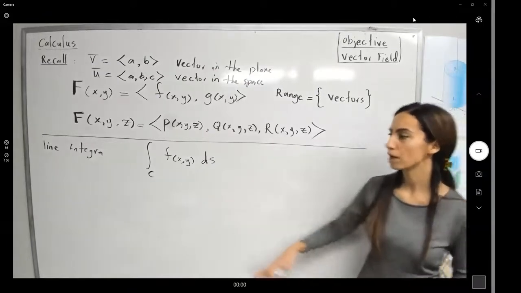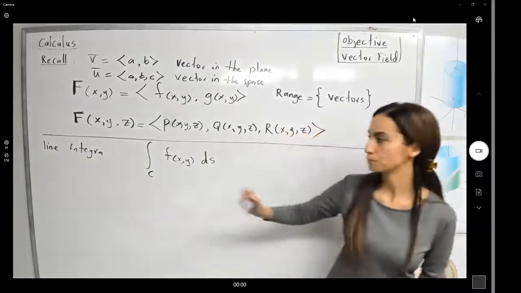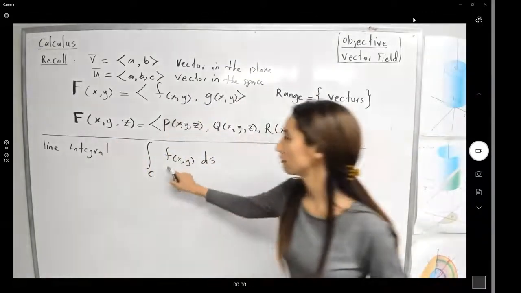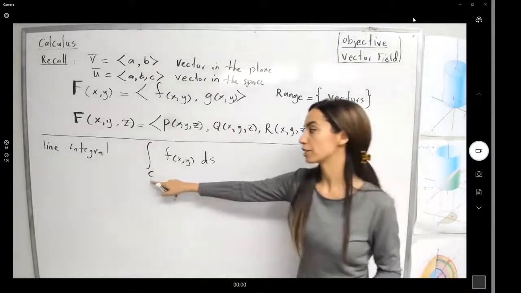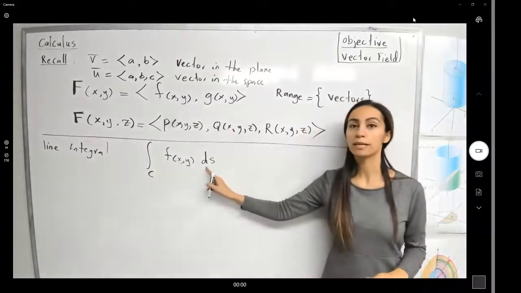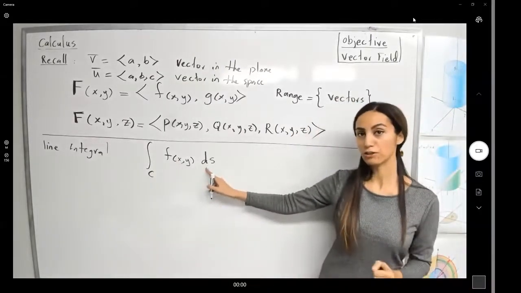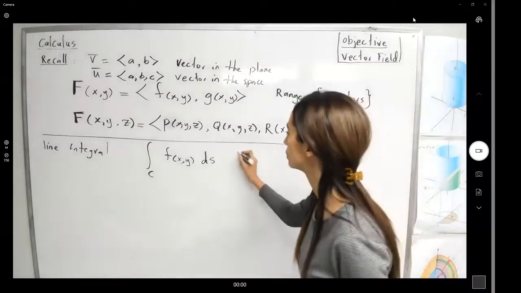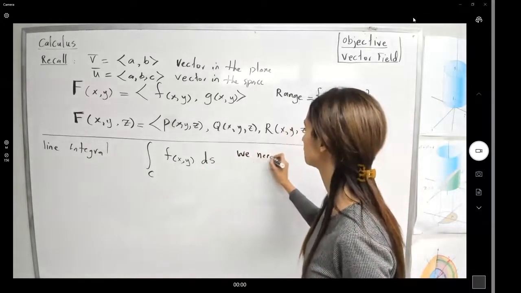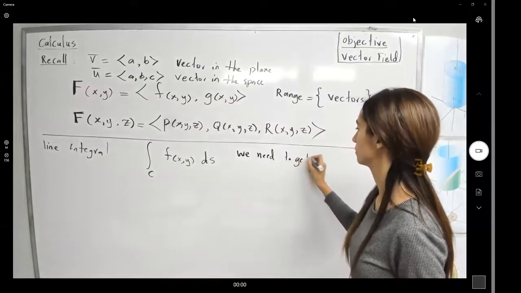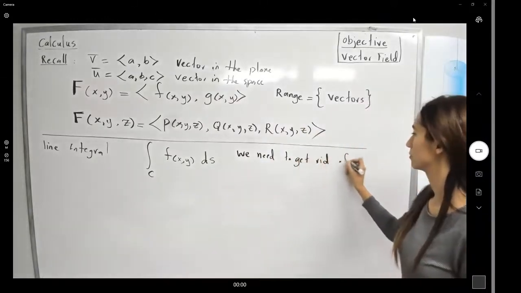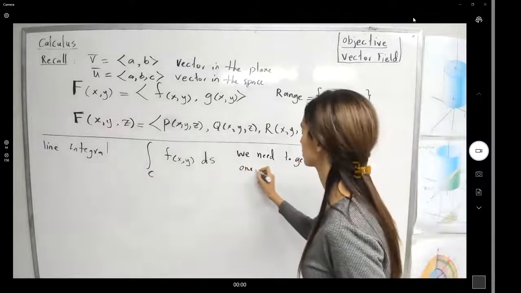But for now, if you have a line integral of function f of x and y over curve C with respect to the length of the curve, we need to get rid of one of the variables.